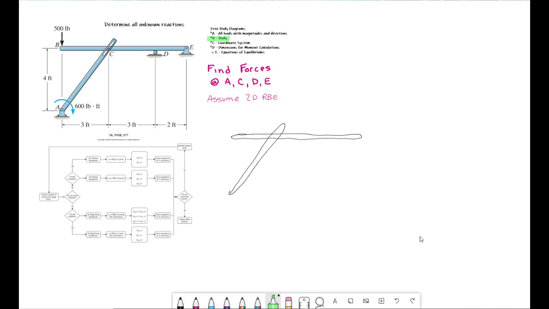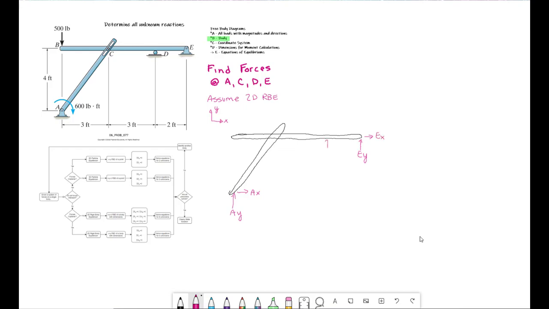Then let's throw a coordinate system on there, standard XY. And let's talk about those loads. Down here at A, AY, AX. At E, that's a pin, EY, EX.